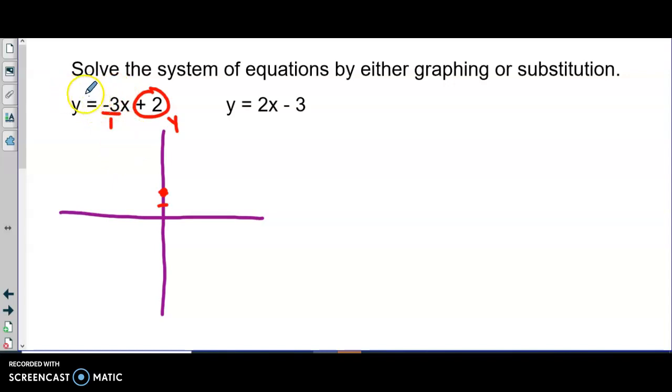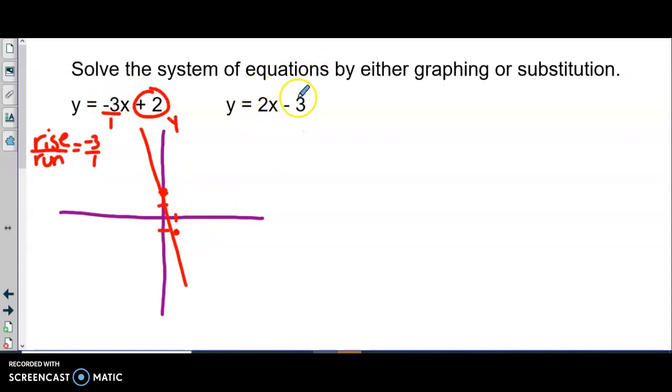Because it's a slope, you're going to do rise over run. Since our slope is -3 over 1, from my y-intercept I'm going to rise down 3, 1, 2, 3, and run over +1. So this would be that first line. I would put 2 on the y-axis, and then rise down 3 and over 1.